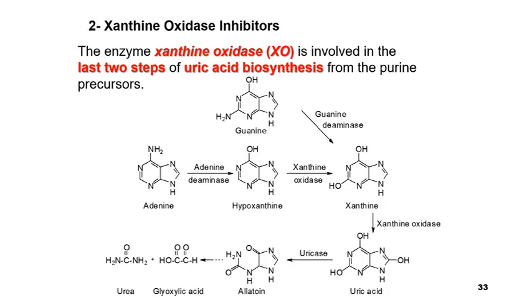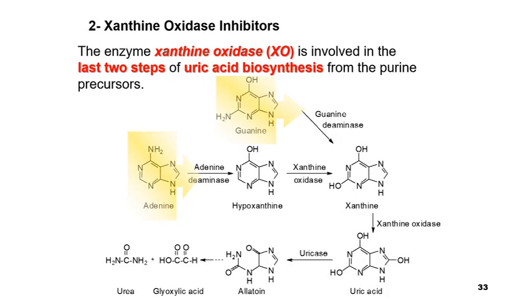The purine metabolism, starting from adenine and guanine, by the influence of adenine deaminase or guanine deaminase, will lead to the formation of hypoxanthine and xanthine. So the first step is a deamination of either adenine or guanine, producing hypoxanthine or xanthine. Hypoxanthine or xanthine are still purine analogues possessing more than one OH function.